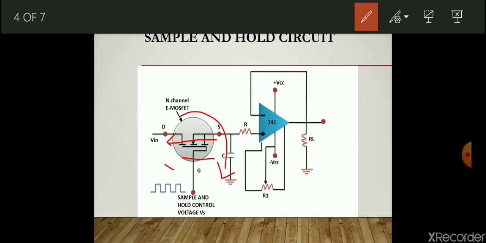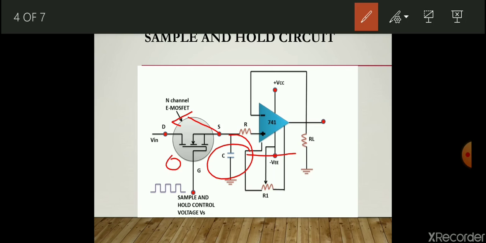Now Vc is 0. At this time the transistor is turned off and the capacitor is disconnected from the input voltage. The capacitor cannot discharge through the output buffer because the op-amp has high input impedance.